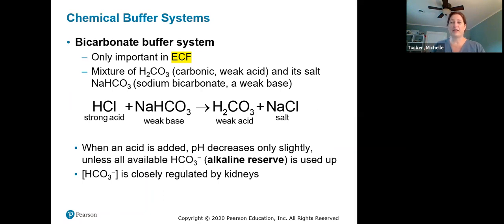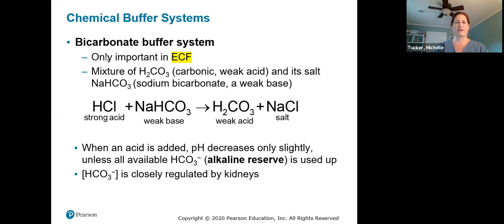There's a summary slide that will be helpful in sorting out what about these 3 chemical buffer systems I need to know, and what is interesting but maybe I will just reference later. So we'll talk about the 3, then we'll come to a summary slide where I will summarize the items that you truly need to know.